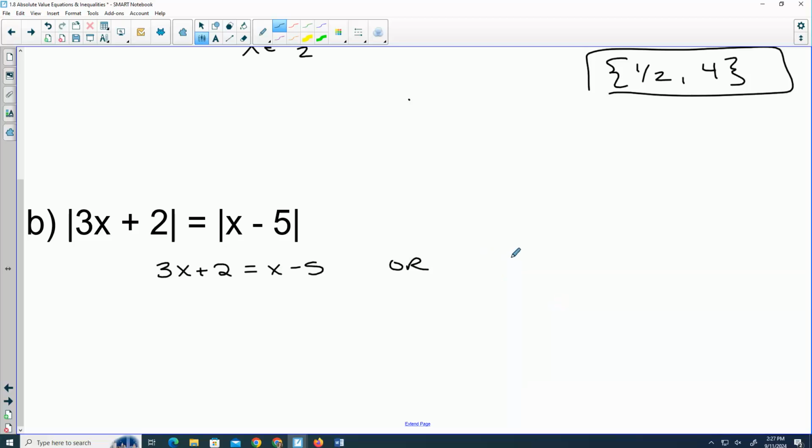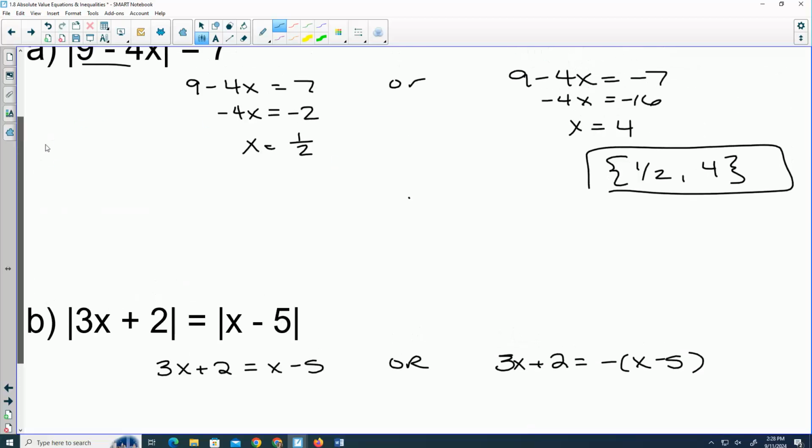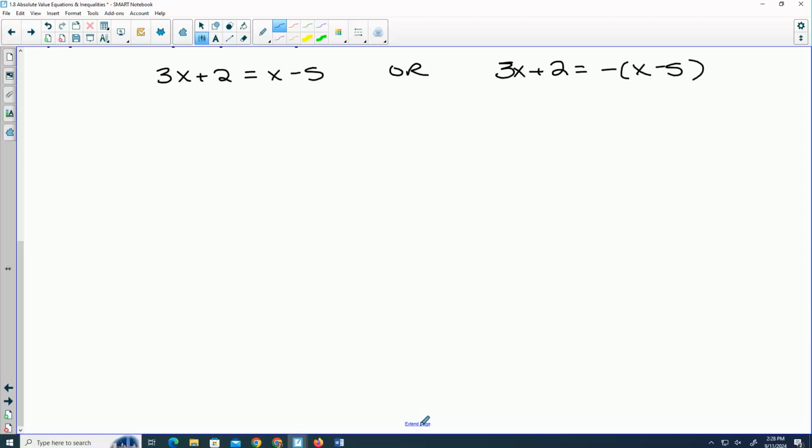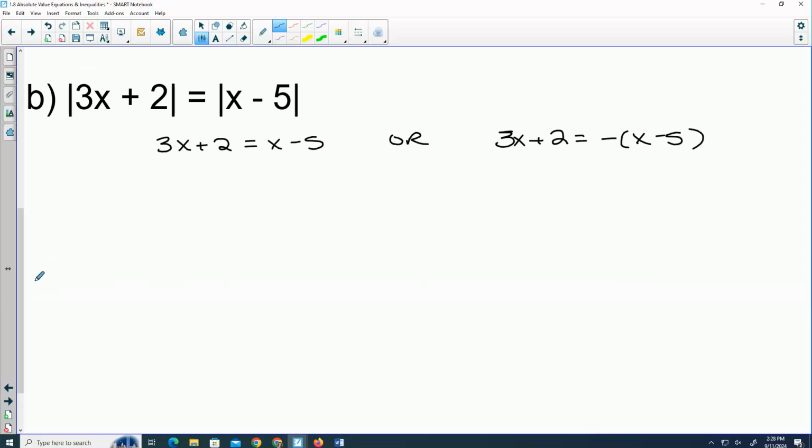So what you do is we drop the absolute value, and we have to do the opposite of one of these. So the opposite of that entire side. Just like before, we did equal to positive 7 or a negative 7. Here, it could equal the x minus 5 or it could be the opposite of x minus 5. Now we solve it.